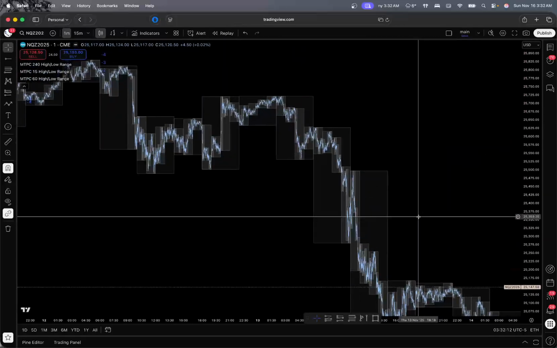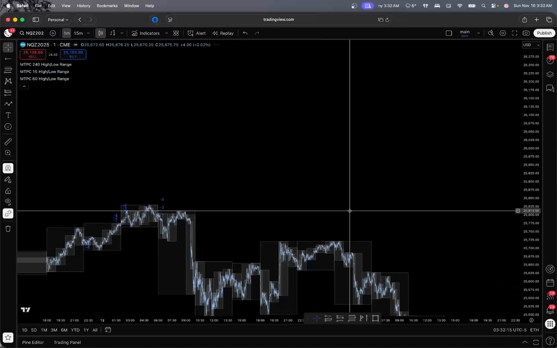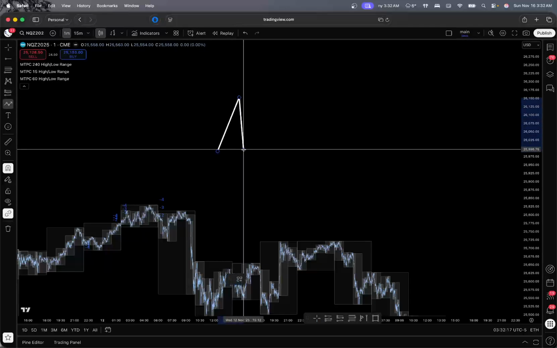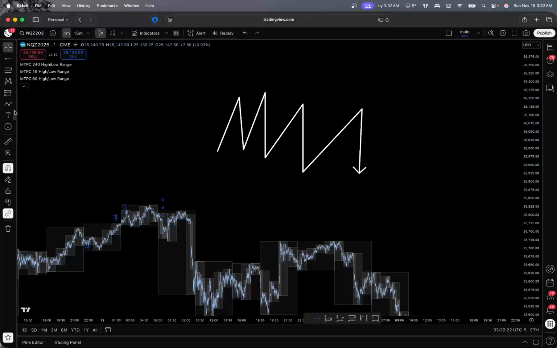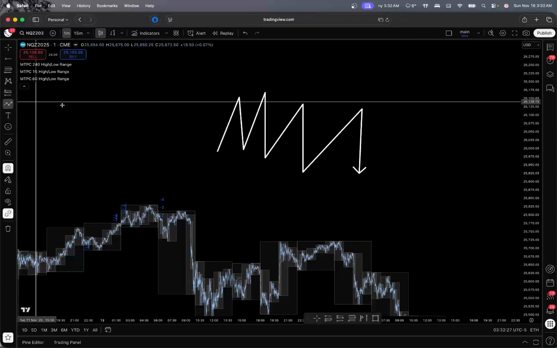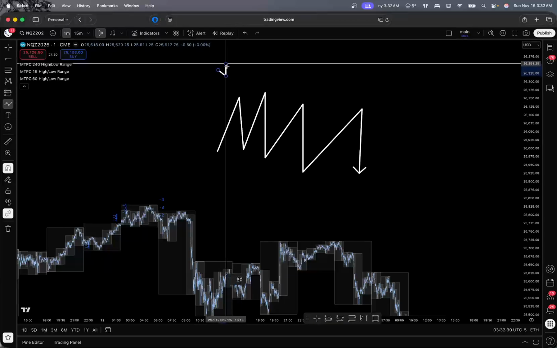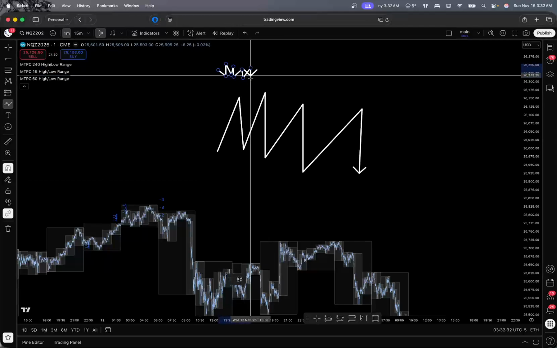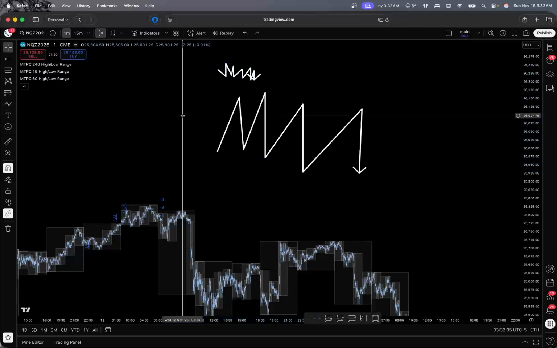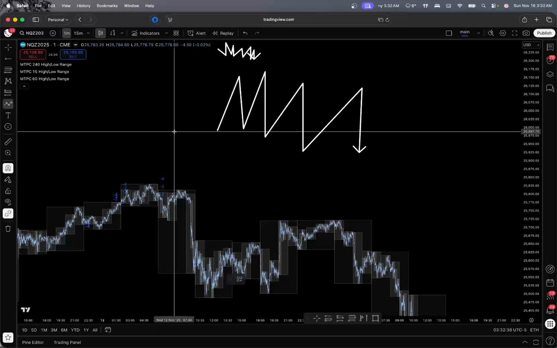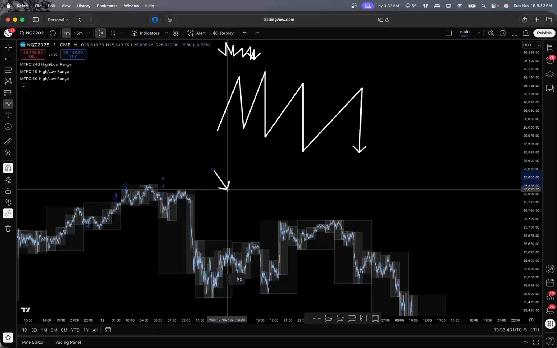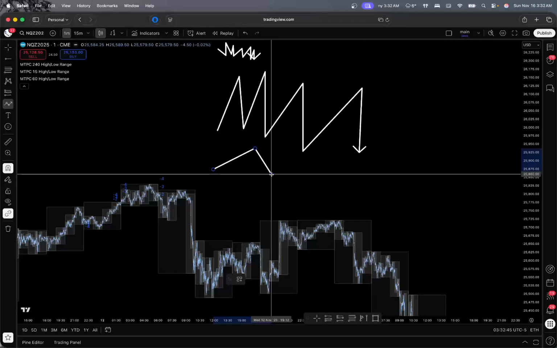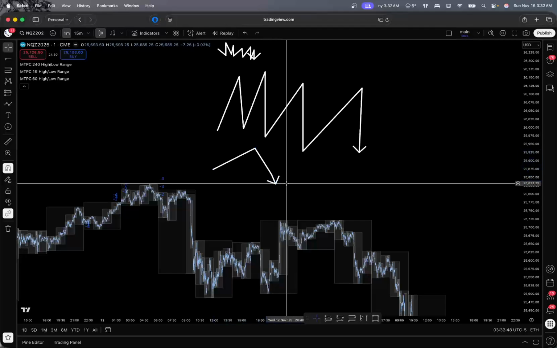This is fractal. Price moves. If you really look at it, price has these micro movements within that movement, right? But price also has macro movements within that movement, which would just be like that, right?